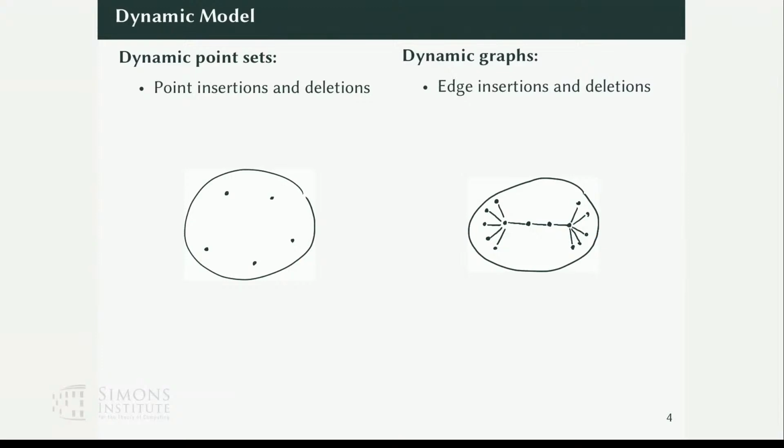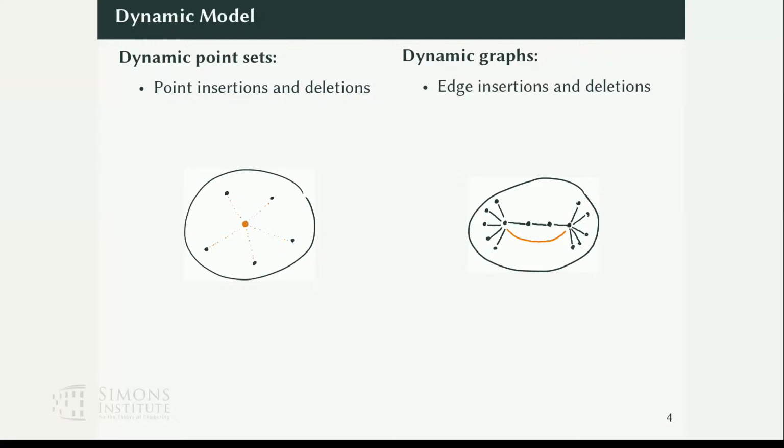Okay, so what's the dynamic model? I said there are subtle differences. In dynamic point sets, we have insertions and deletions of points. Say we have these points, and now we just add an additional point, and that's it. In dynamic graphs, say we have this graph, and we insert this additional edge.